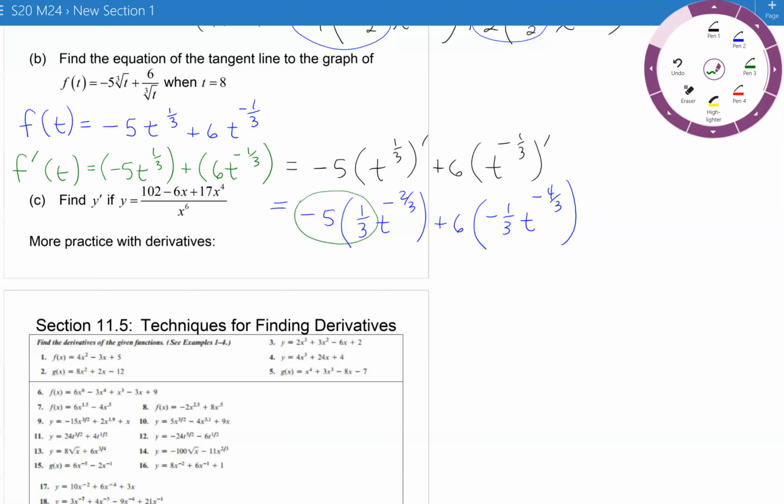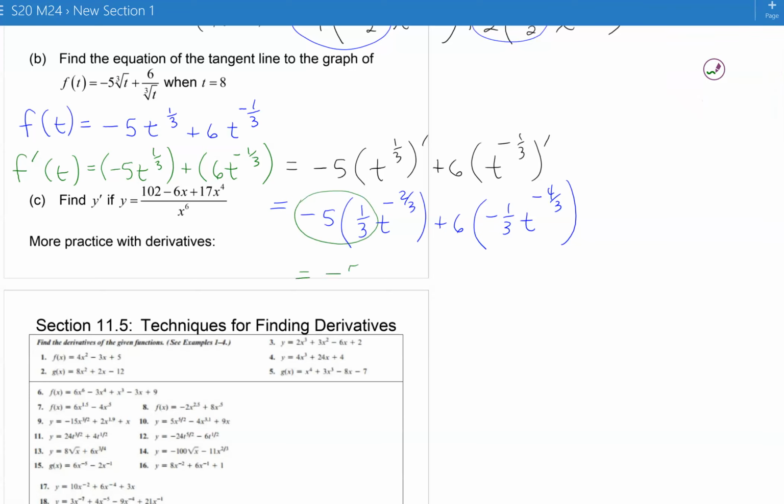Okay, then combine negative 5 times 1/3 to negative 5/3 t to the negative 2/3. 6 times negative 1/3, negative 2 t to the negative 4/3.